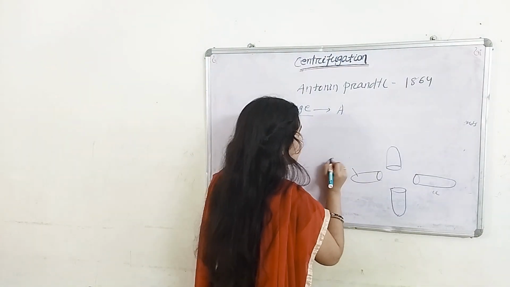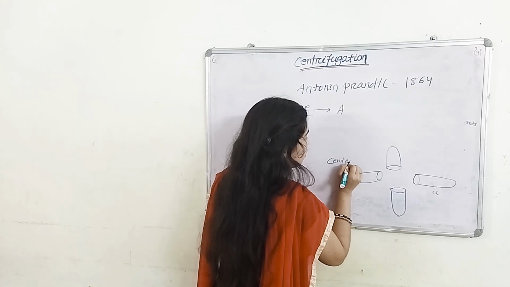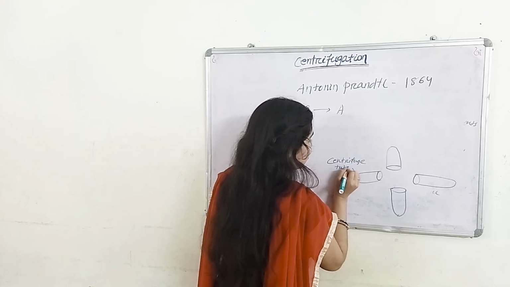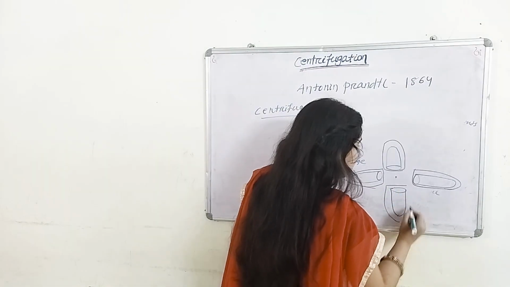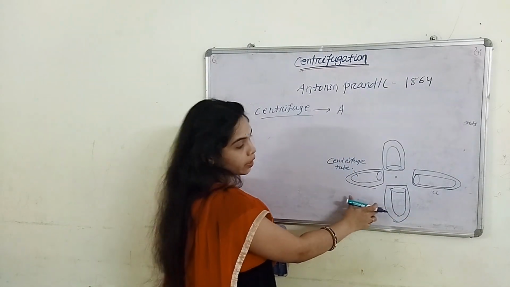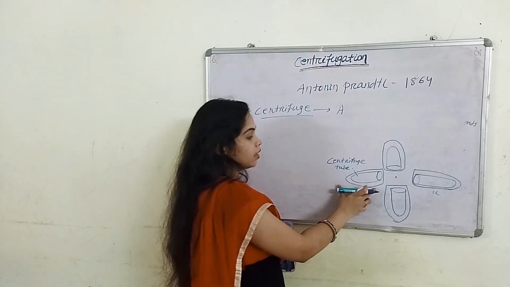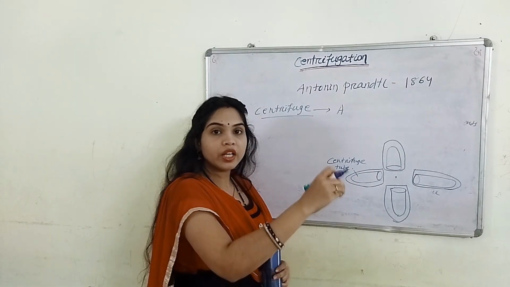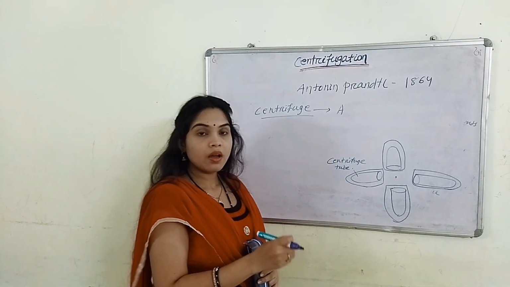This is the centrifuge tube. Let's say these are the holders for the centrifuge tube, and this is called the rotor. Inside the rotor we put our centrifuge tube.